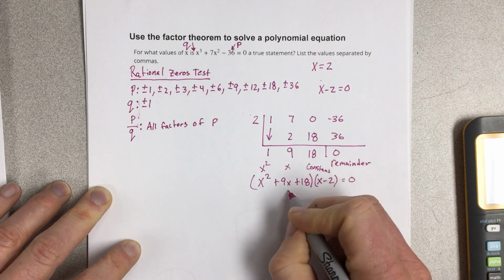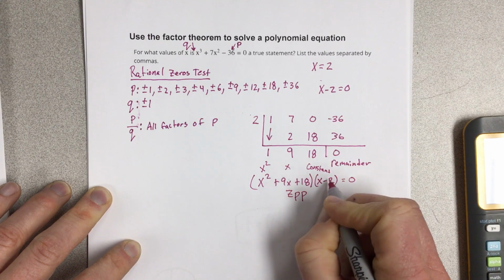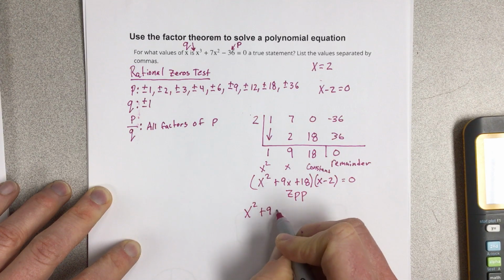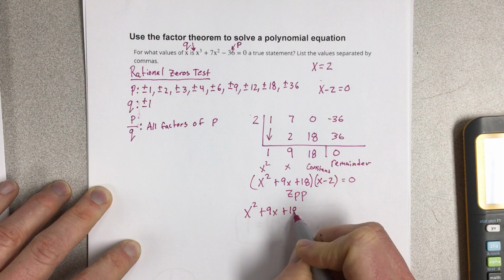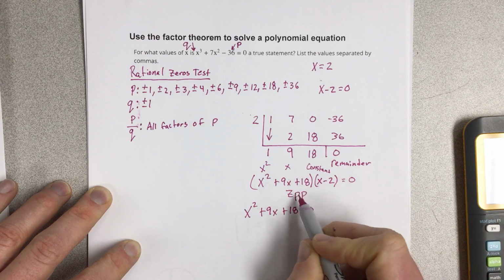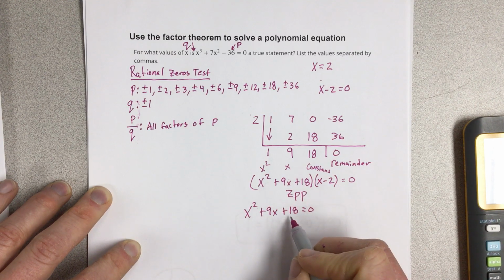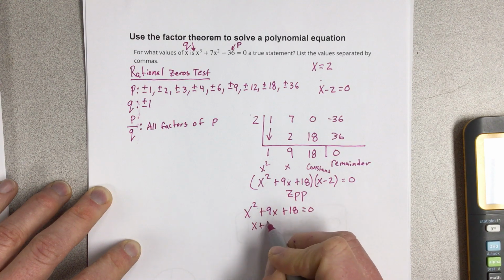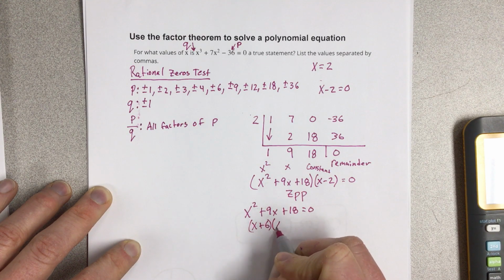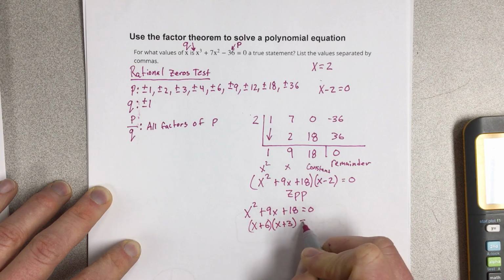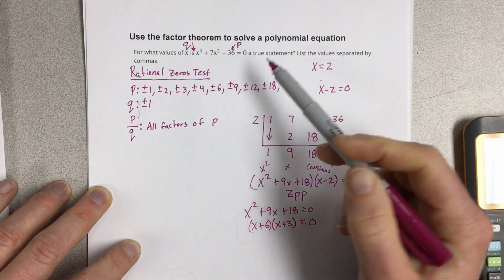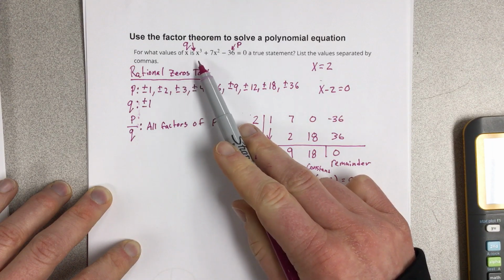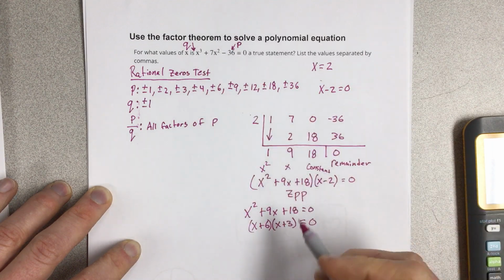Let's go ahead and use ZPP here, but we're going to ignore this x minus 2 term. And that would be x squared plus 9x plus 18 equals 0. Remember, ZPP is zero product property. We can factor this into x plus 6, x plus 3 equals 0. They want for what values of x, so they want us to solve this.